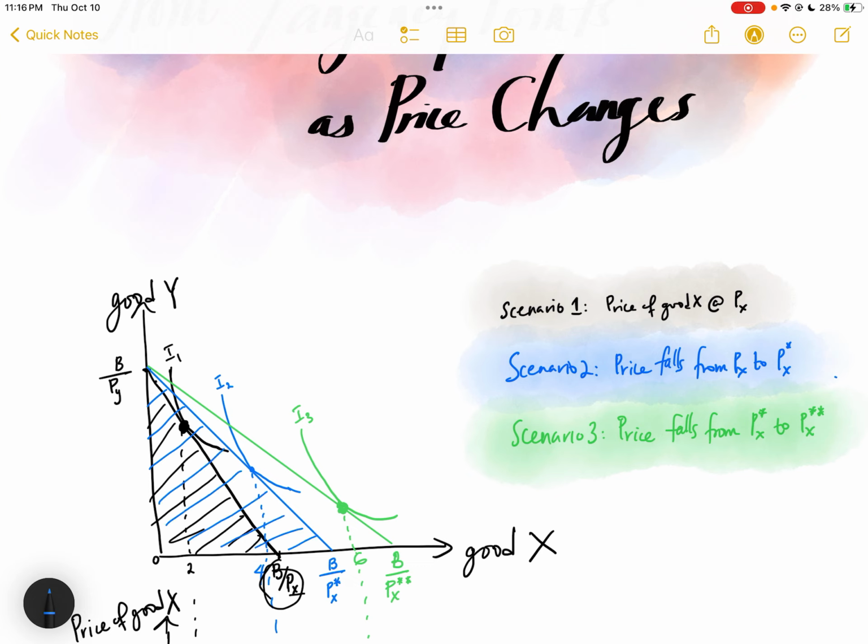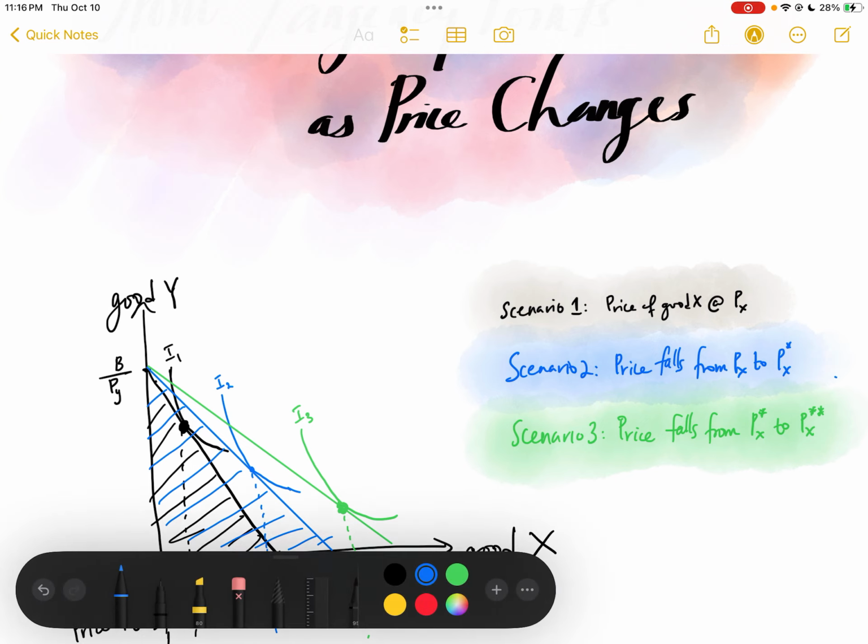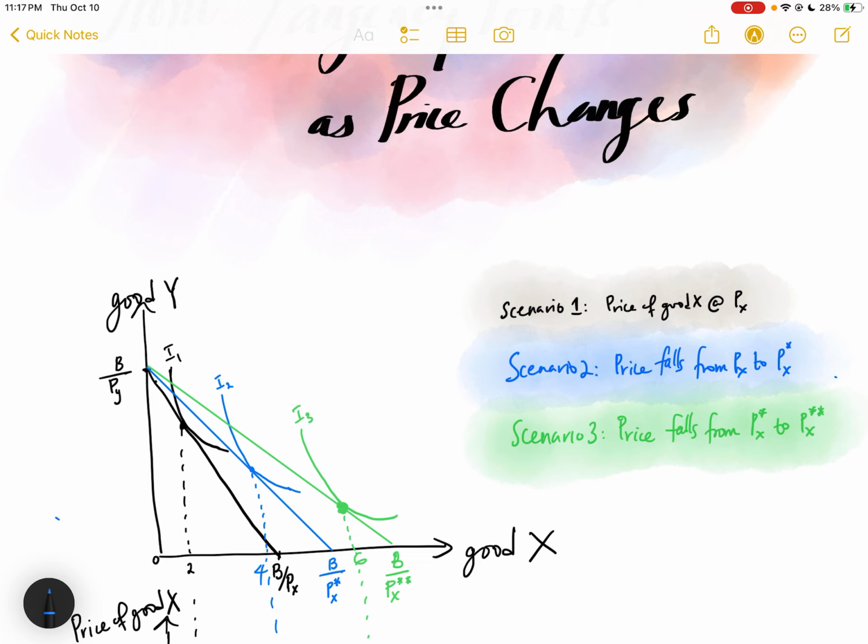Now the graph is getting messy, but you get the point, right? All right. Okay, great. So as the price falls a second time, we are on the green line, and the entire area under the green line is now affordable.